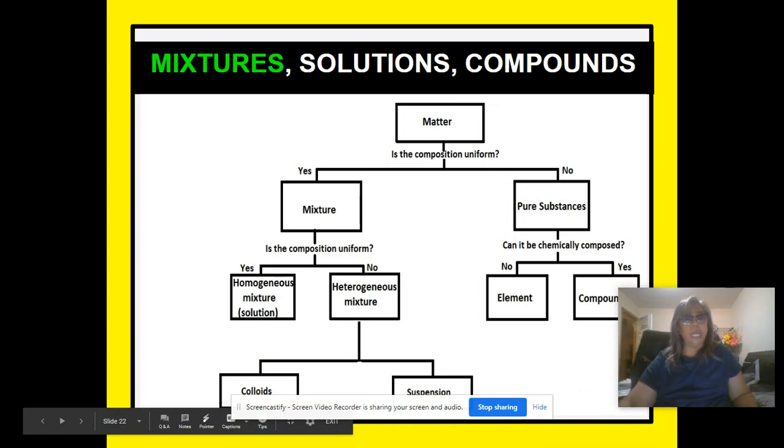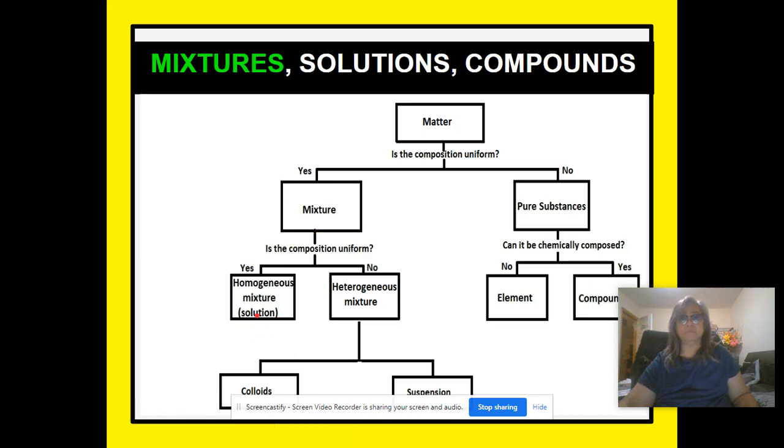So, initially, we have here the classification of matter. Our concern would be this part on the left side, the mixtures, the solution, and a little bit of intro on compounds.